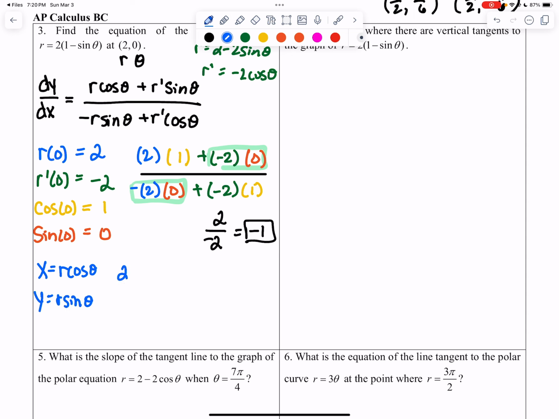If r is 2 and theta is 0, I'm going to do 2 cosine of 0 and then 2 sine of 0. Well, 2 cosine of 0 is 2, and then 2 sine of 0 is 0. So my rectangular coordinate is 2, 0.